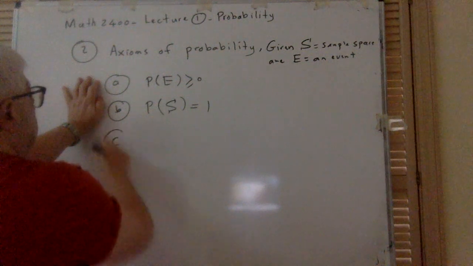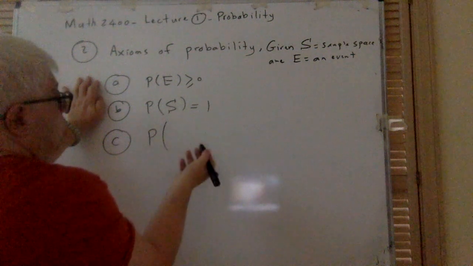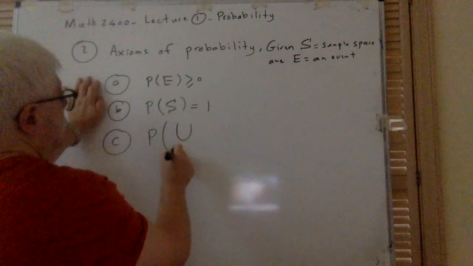B is, put it this way, that P of the whole sample space is 1. And C is P of what the book calls a disjoint union. Well, I will tell you what disjoint union is.